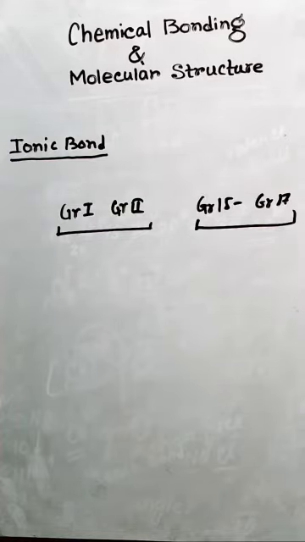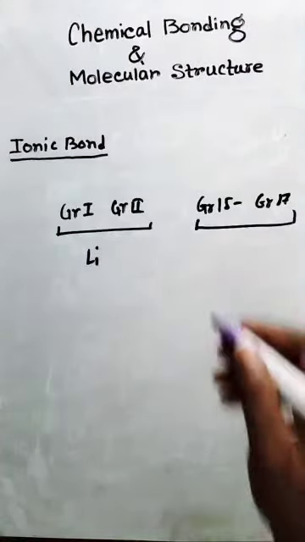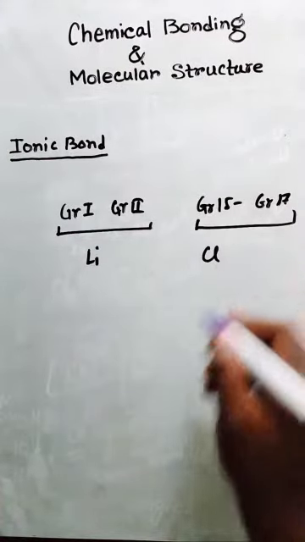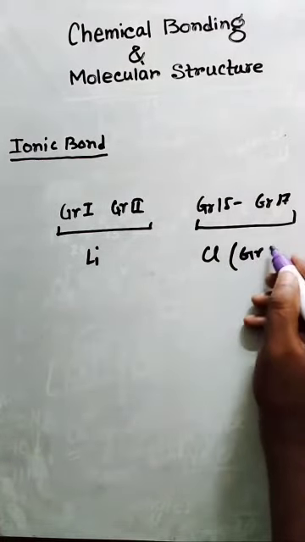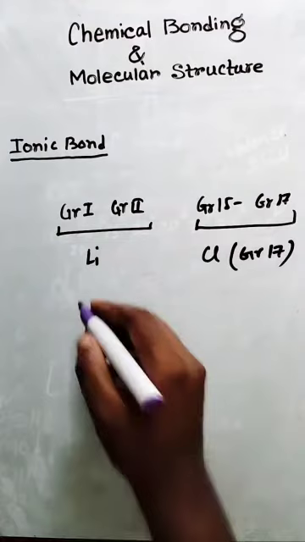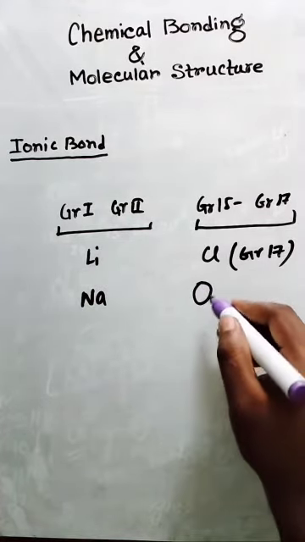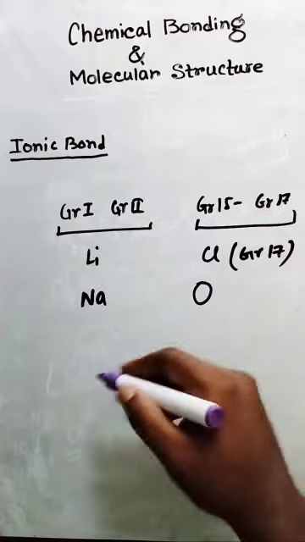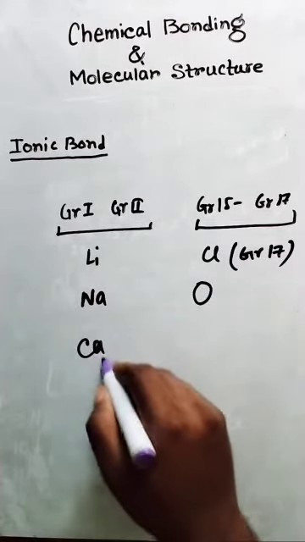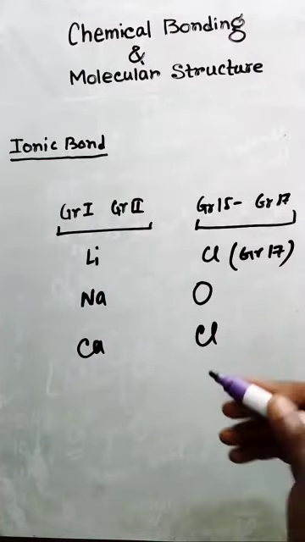an ionic compound. For example, lithium reacts with chlorine to produce lithium chloride. Chlorine is a group 17 element. Similarly, sodium reacts with oxygen. Oxygen is a group 16 element, to produce sodium oxide. Similarly, calcium reacts with chlorine to produce calcium chloride.